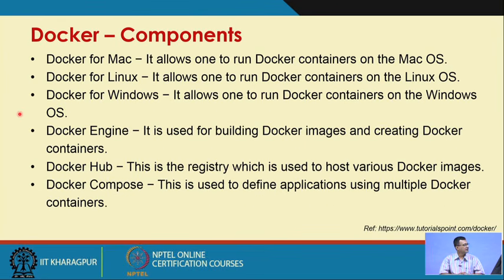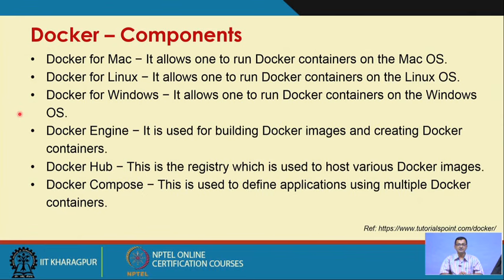There are different variants, or what we say different flavors, of components. Docker for Mac allows one to run Docker containers on Mac OS. Docker on Linux allows one to run Docker containers on Linux OS. Then Docker for Windows, and Docker Engine, which is used for building Docker images and creating Docker containers. Over the bare metal OS you have the Docker Engine, and over this the Docker containers are placed, some sort of analogy with the hypervisors of a virtualization system.